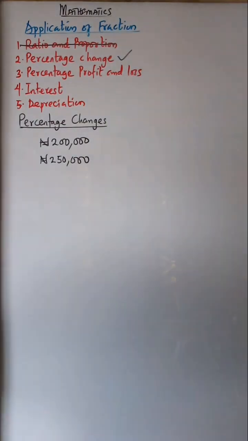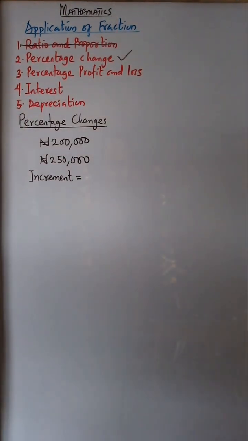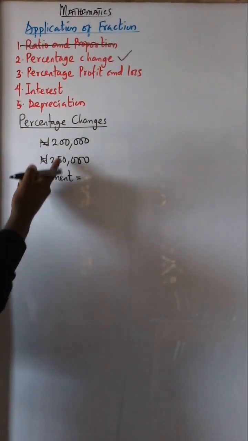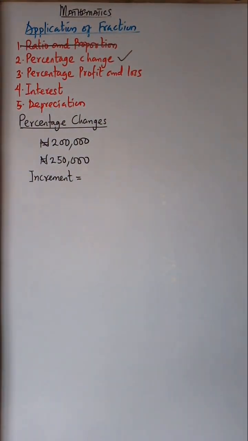In this case, what happens? There is an increase in value. There's a change in value, which is an increment in this case. So what's the change? Or we can say, what is the increment? The increment is what? 250,000 minus 200,000, which is the new minus original.